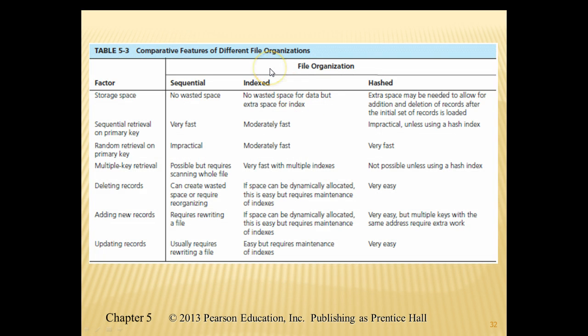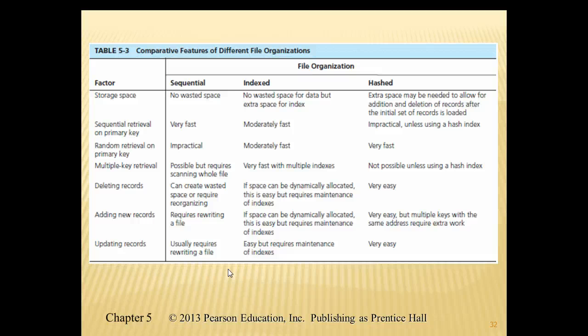And finally, on page 226 of your text, Table 5-3 has a list of factors that can be used to determine the file organizations and the benefits of each of those file organizations. So take a look at that and get familiar with the pros and cons of each.